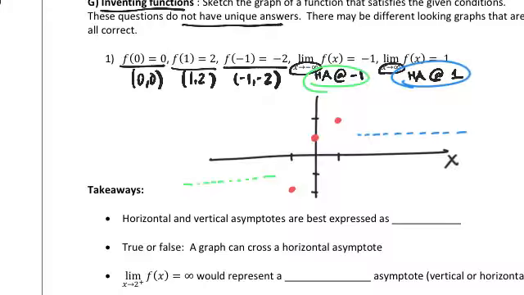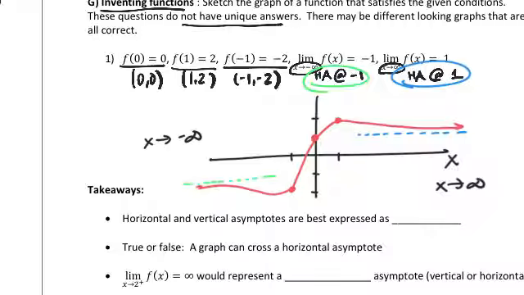So we know that the graph has to go through these points. We know also that a graph can cross a horizontal asymptote so long as when you get out there, as x gets big, either in the positive or the negative direction, you settle down to the horizontal asymptote. So I'm just going to draw something very simple like this, right?